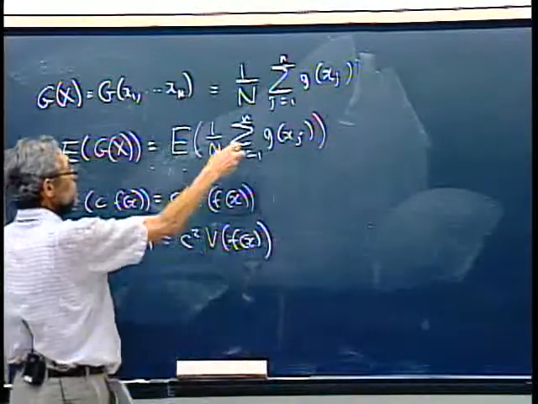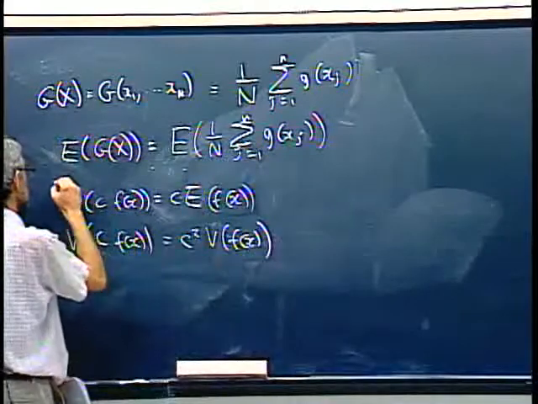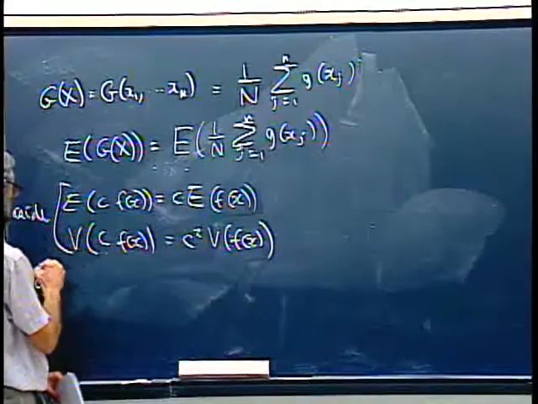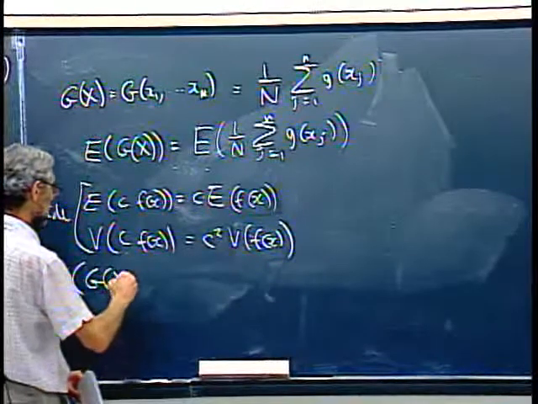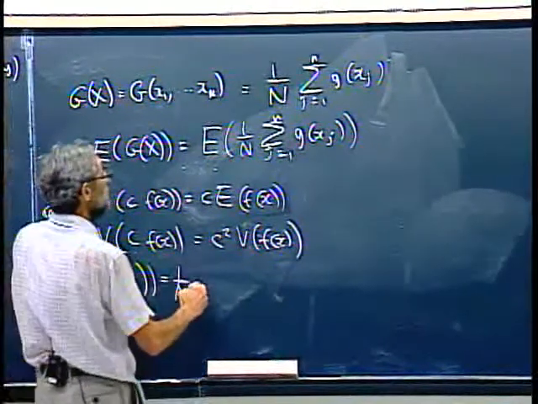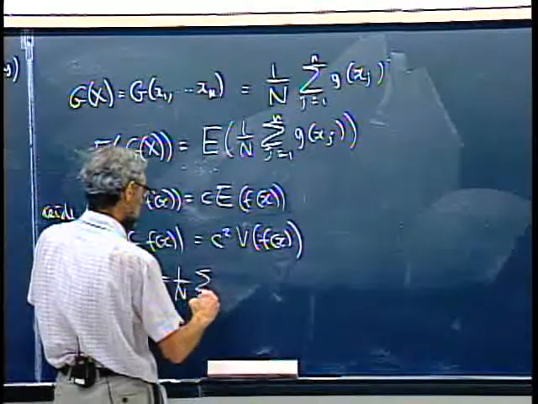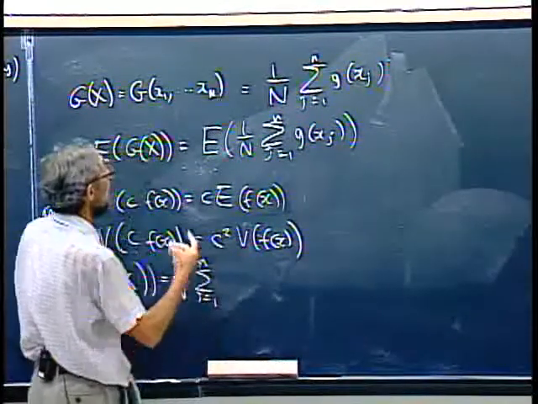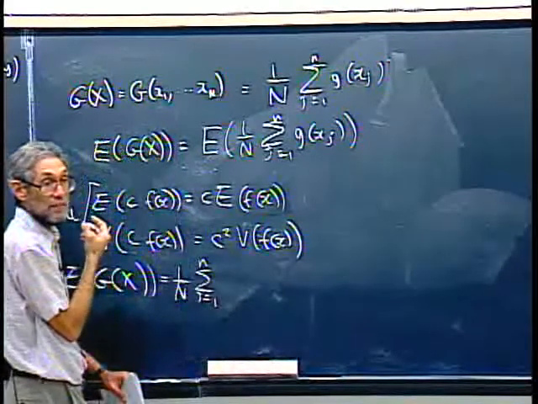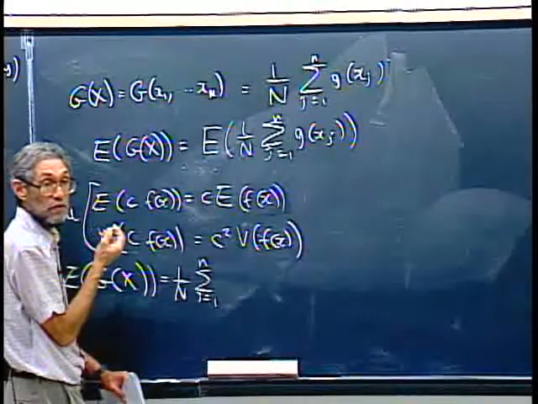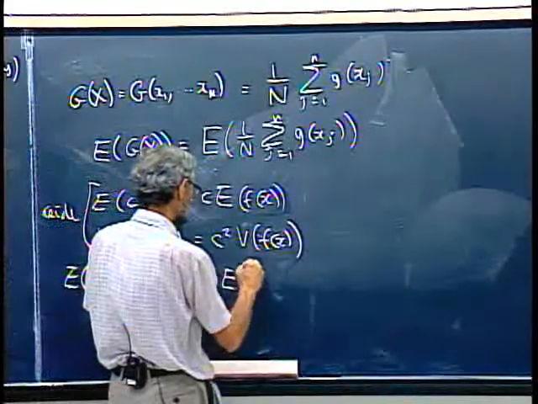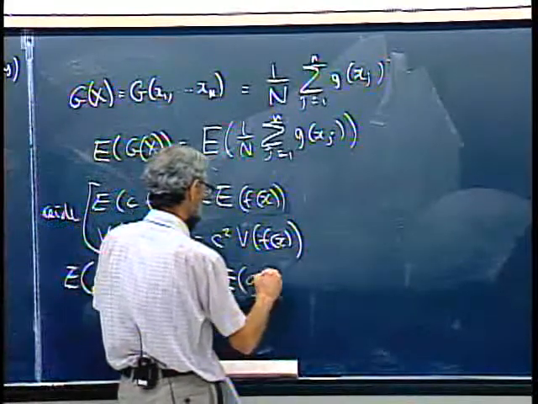Okay, so if we use this property, this is an aside, then the expected value of g of all these trials is 1 over n times the sum j equals 1 to n. And now, using the expectation of a sum is the sum of the expectations, which I just proved for continuous variables, I can say this is the sum of the expectation of g of xi.